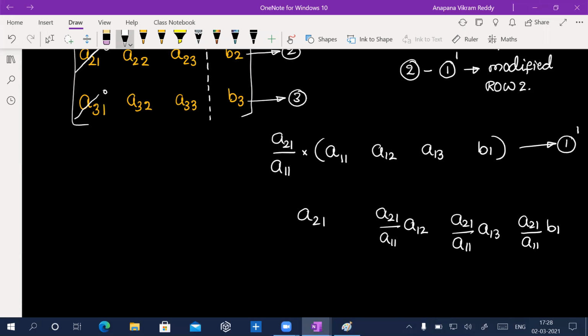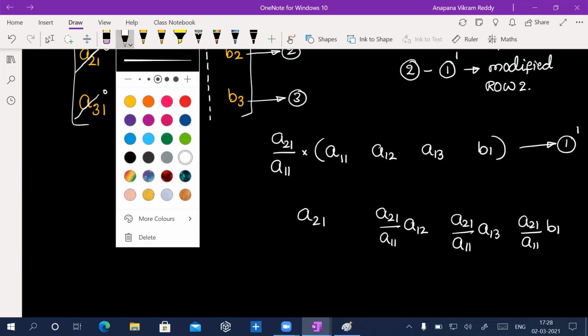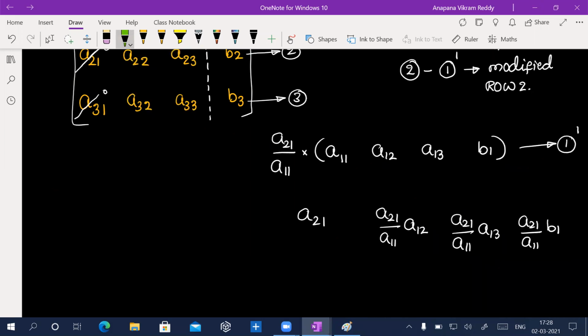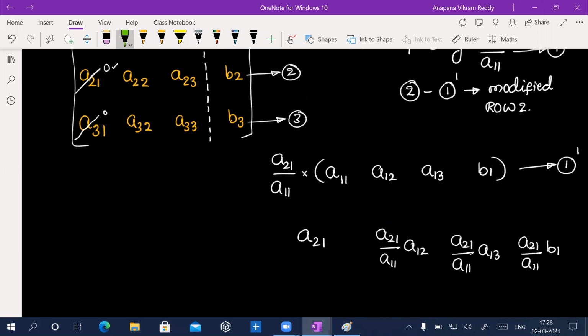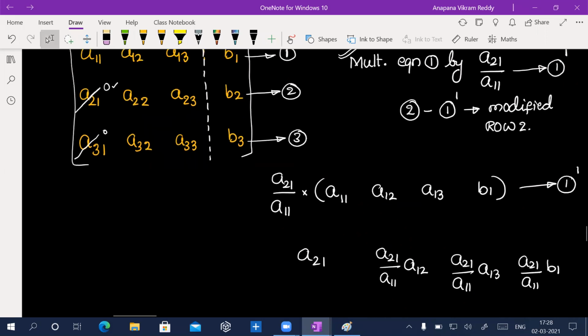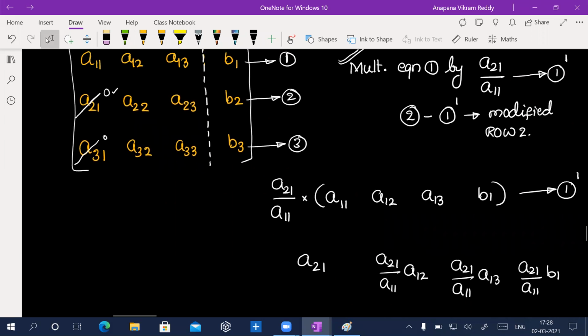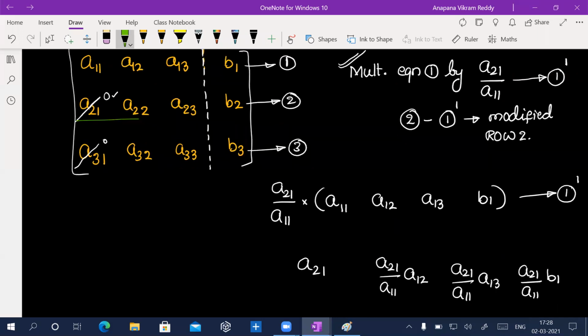Why are we doing that? To make the element below the first element 0. As I want to make that 0, I'm taking this ratio. This is my 1 prime, this is modified 1, and my second equation is this.